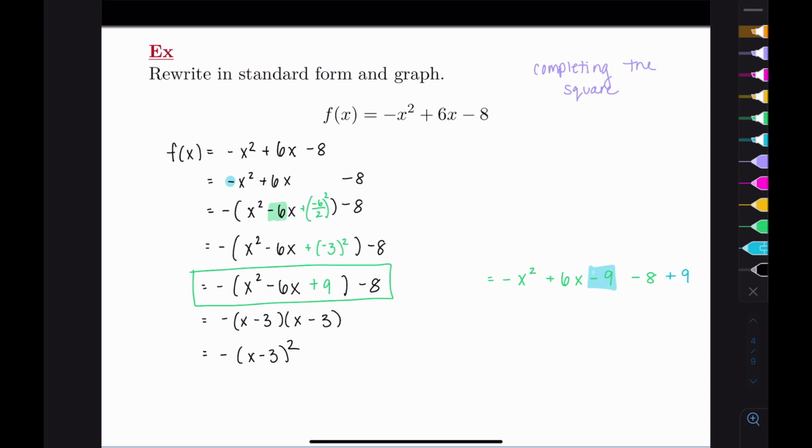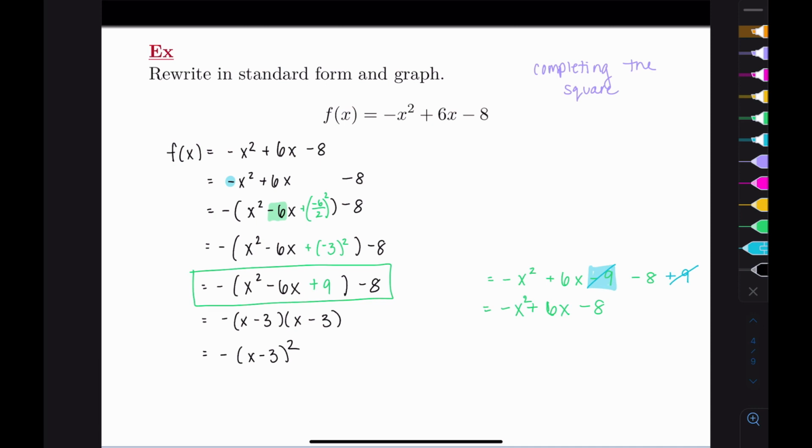So I do the opposite thing, because these two would then cancel, and this would exactly equal the negative x squared plus 6x minus 8 that we started with. Okay. So every time I go through this process of completing the square, I have to figure out the number that I need to add, but then I need to do the opposite at the end of the equation to balance.